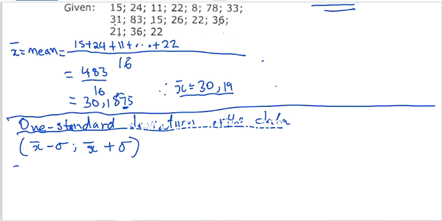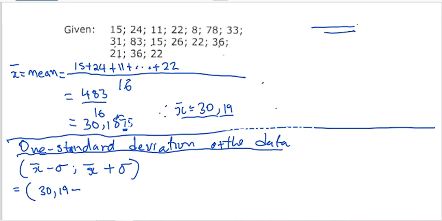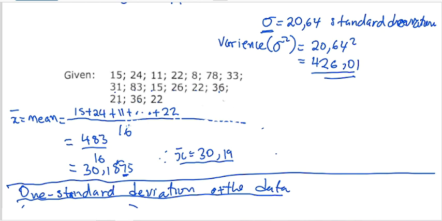we have our data as the mean was 30,19. We'll say minus the standard deviation of the data. So the standard deviation of the data, we've got 20,64.